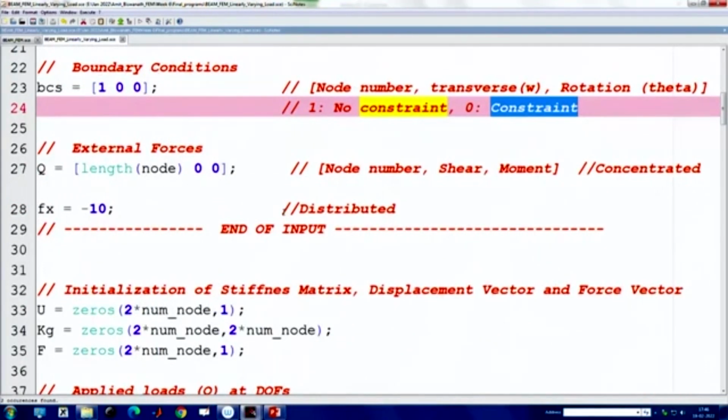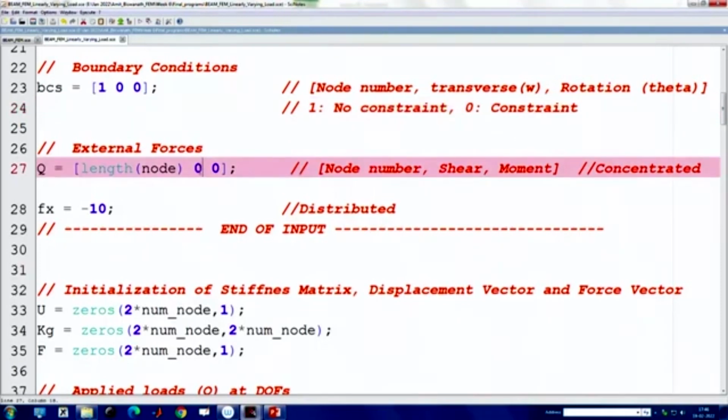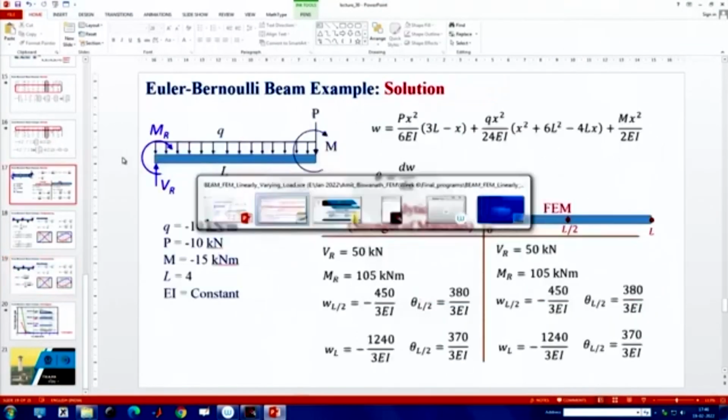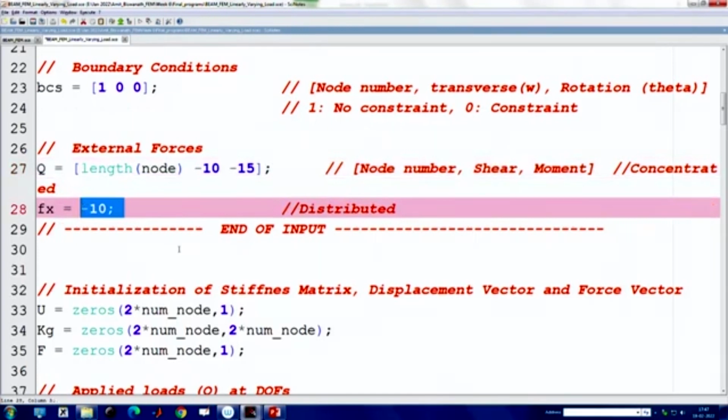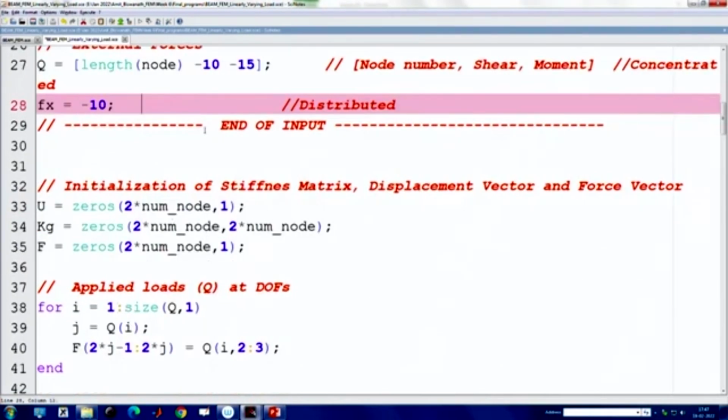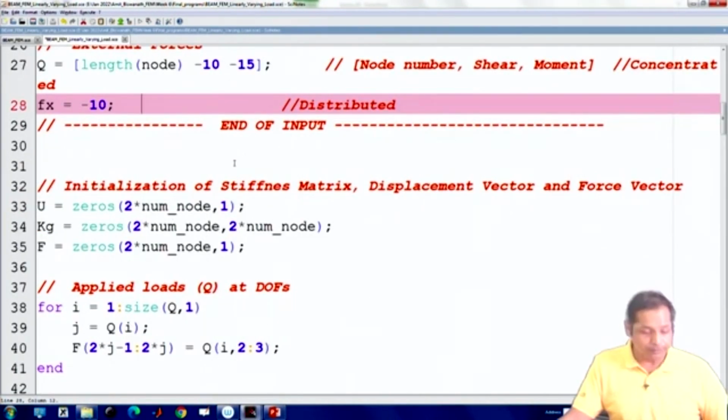Now the external forces: the force is minus 10, let's put minus 10 here, and the moment is minus 15. We also have a uniformly distributed load with intensity 10. So this is the end of input.